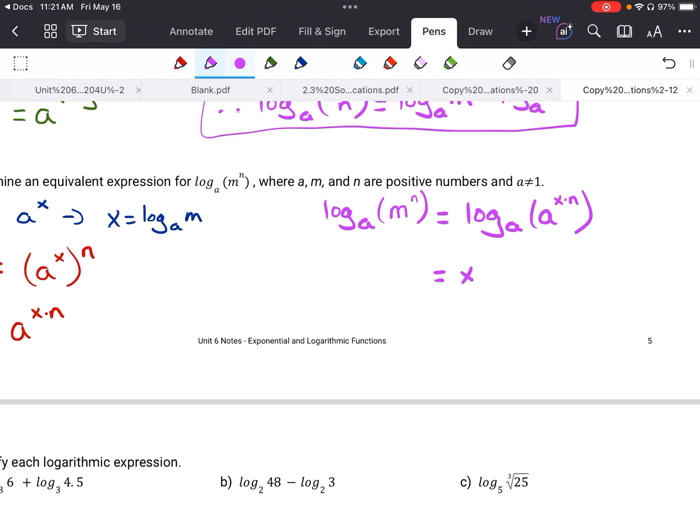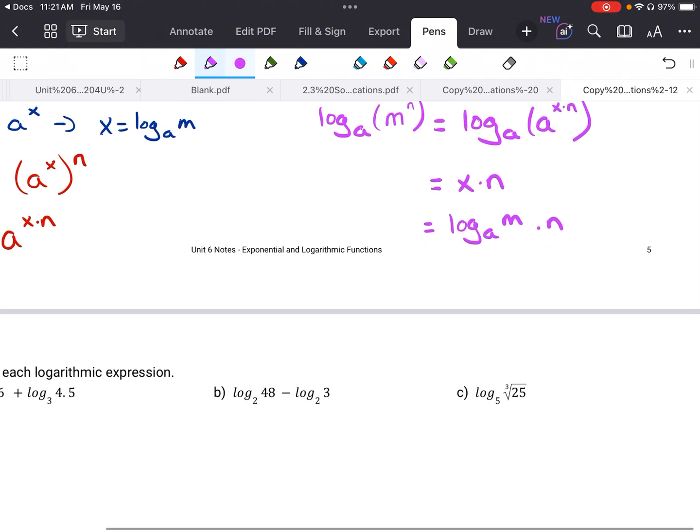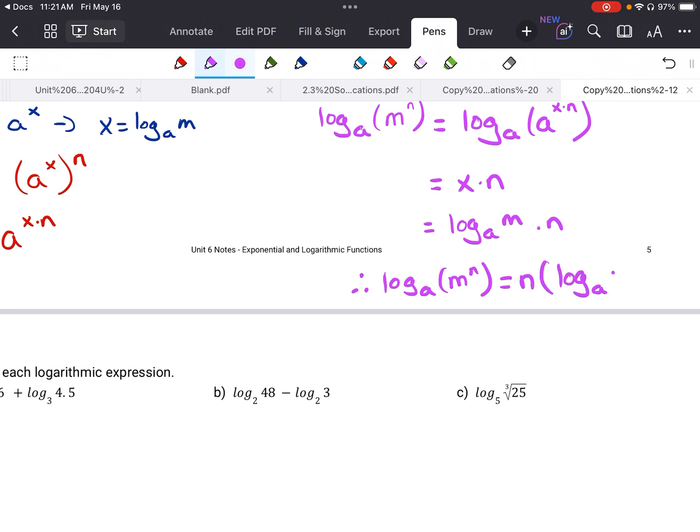That becomes x times n, which is log base a of m, because that's what x equals, times n. Therefore, if we have log base a of m to the power n, it will be n times log base a of m.